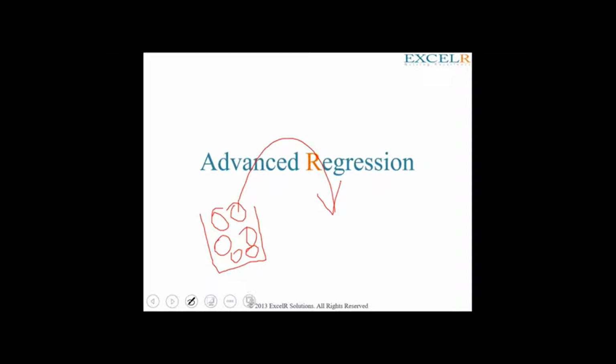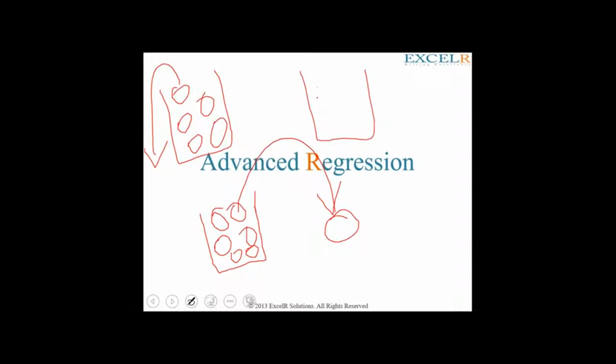If I do not replace this cricket ball, then for the next experiment, I'm going to have only 5. If I randomly select one cricket ball from this, and if I do not replace that, in the third experiment I would have only 4 cricket balls.